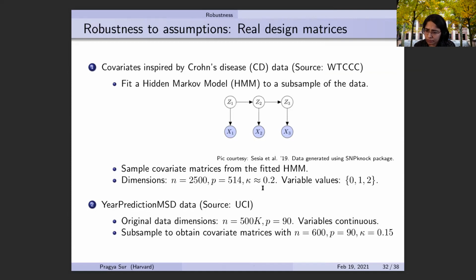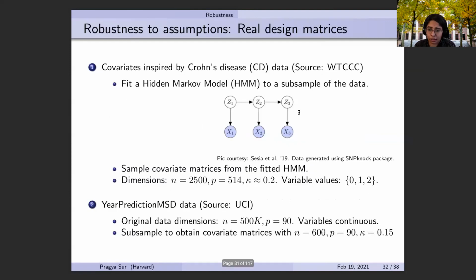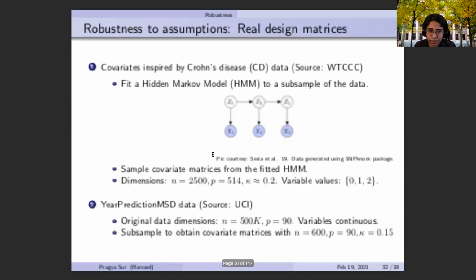So in each case, I'm generating many covariate matrices. The reason is that I'm going to then look at things like the empirical CDF of null p-values. On the left-hand side is the Crohn's disease inspired HMM fit data, and on the right-hand side is the UCI data.